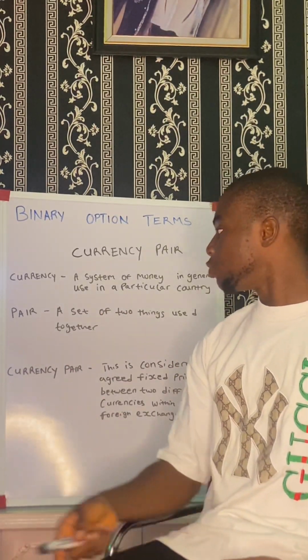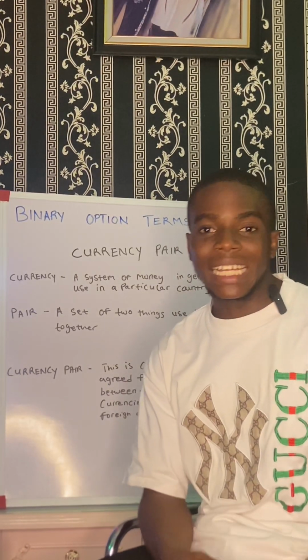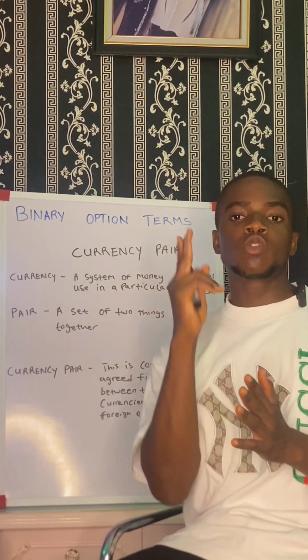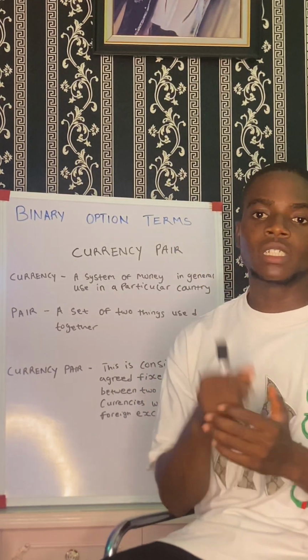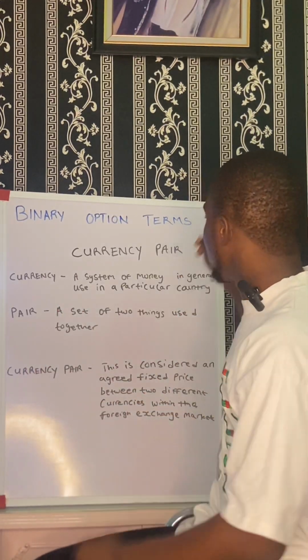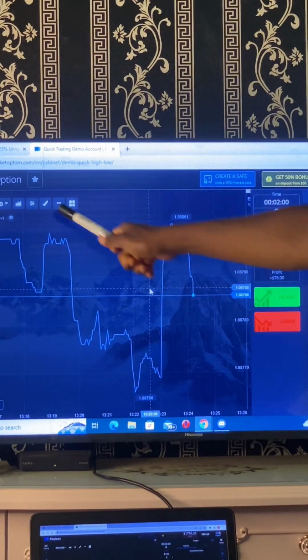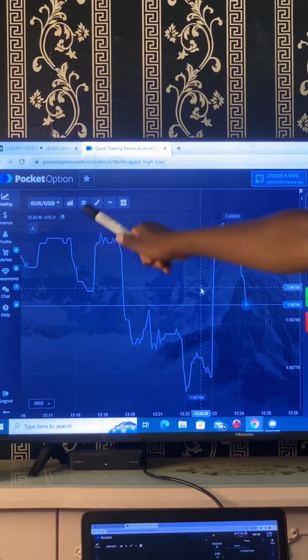The next one we move over to is currency pairs. What is a currency pair? A currency pair is an agreed fixed price between two different currencies in the foreign exchange market. For example, let me take you over to my dashboard. This is my Pocket Option broker, and this is the currency pair Euro USD.